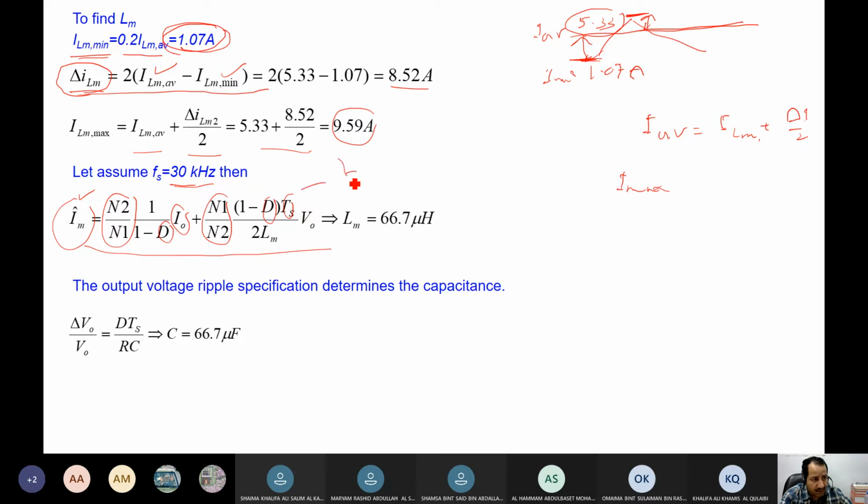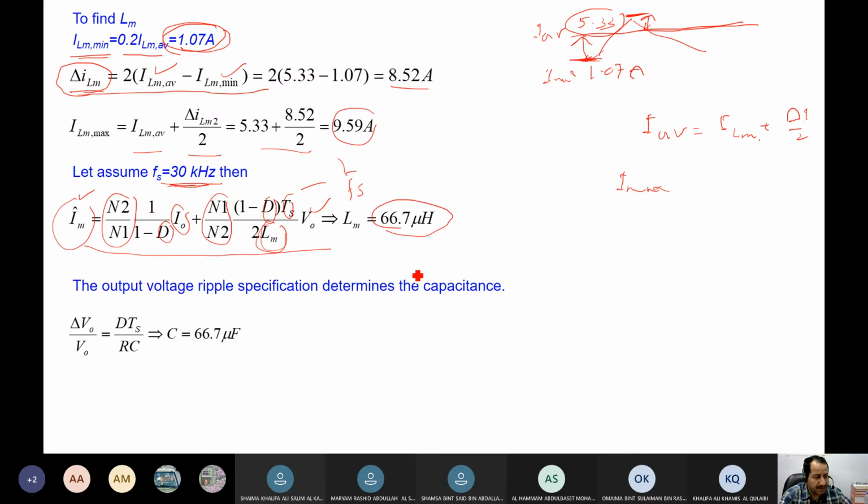TS is 1 over FS. I assume the FS here, as you can see. So what is left? VO also, I have it. What is left? LM. I need to do the math to get the inductance. I got it.